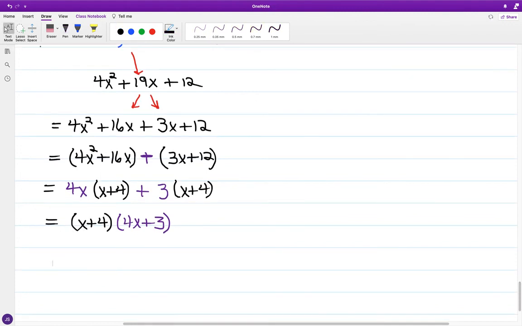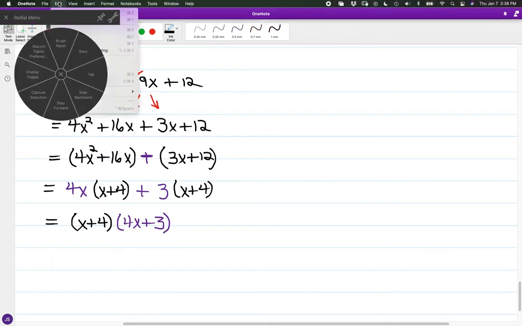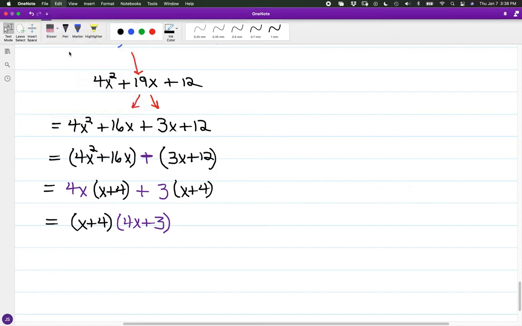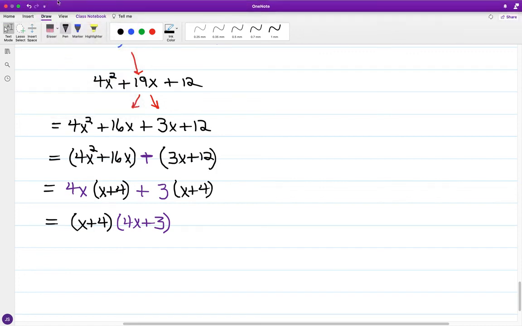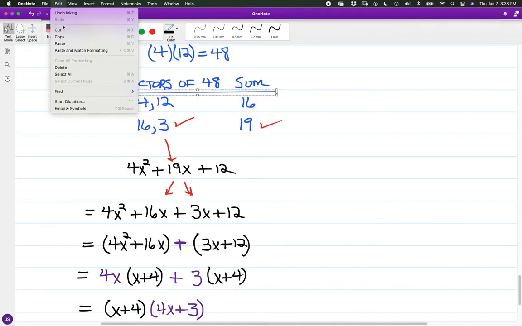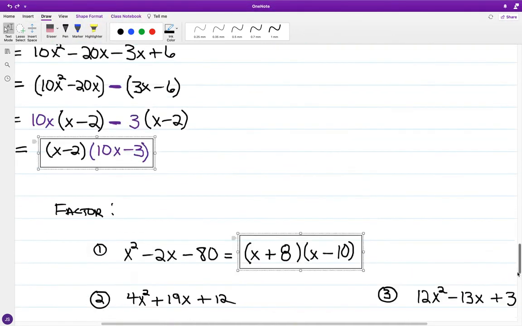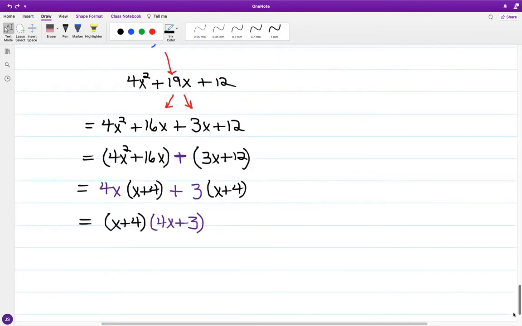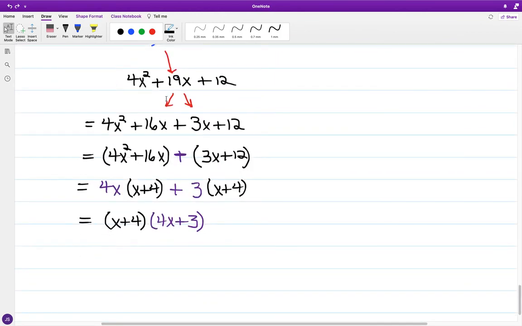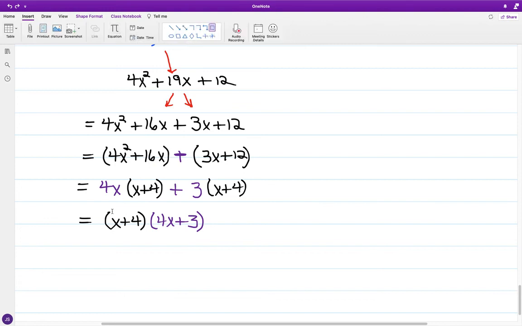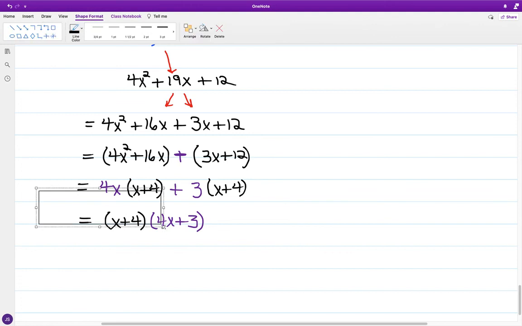So we have, in effect, for 4x squared plus 19x plus 12, this will come out once again to the quantity x plus 4 times 4x plus 3.